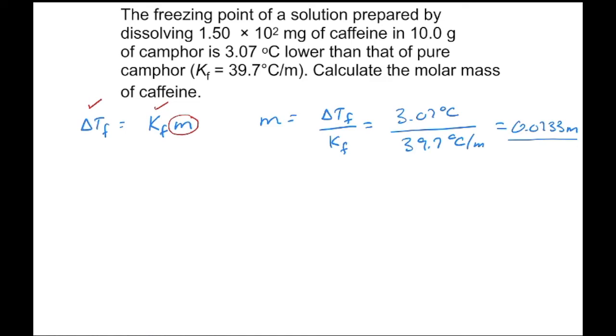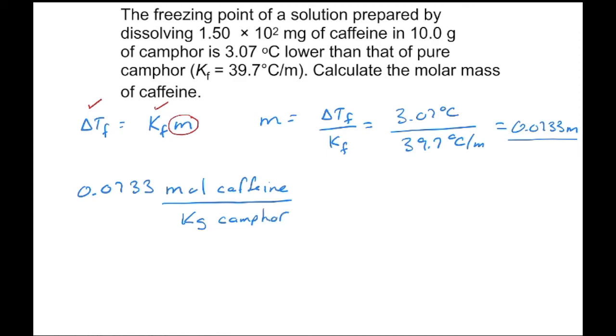So molality, if we write that out in terms of its units, is going to be moles of caffeine per kilogram of camphor. To figure out the moles of caffeine, we have to get rid of the kilograms of camphor.